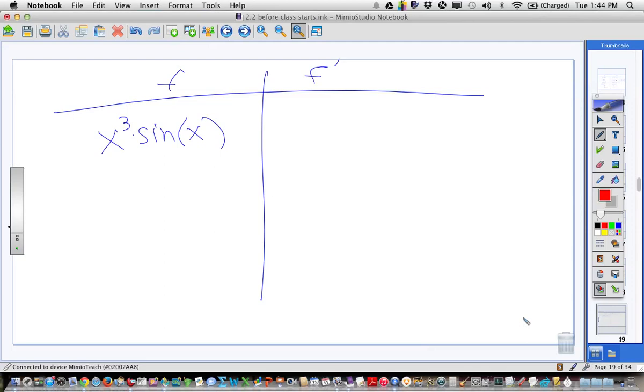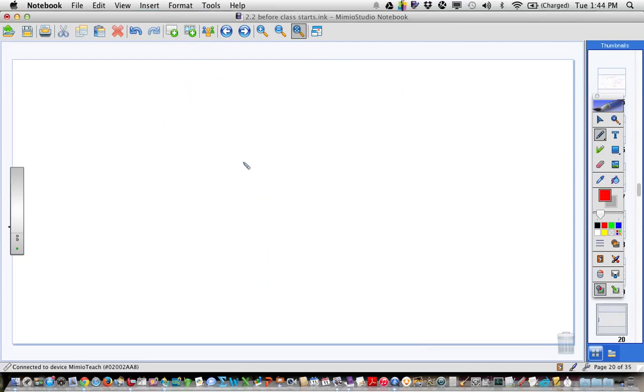All right, for your homework, if you look at the assignment sheet, it says 2.2 on pages 98 to 100. Now, I think most of these problems are shortcuts.